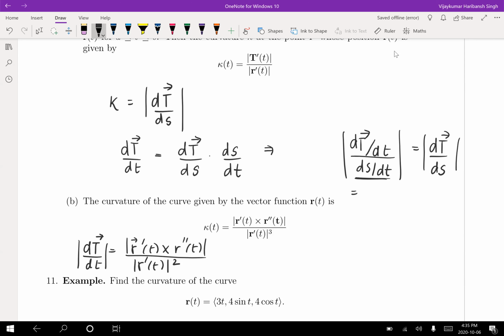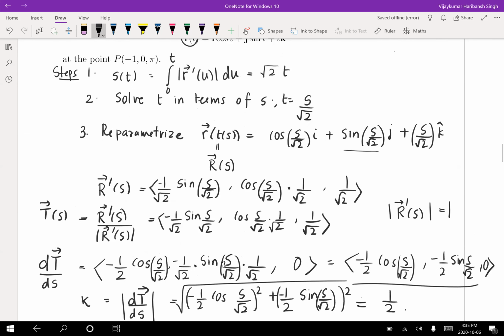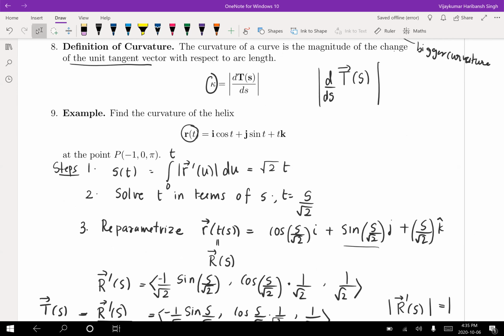Okay, so these are the ways we can compute the curvature. There are three methods to compute it. One is, if you're given a helix or any parametric curve, you reparameterize it based on the arc length, and write your tangent vector T as a function of the arc length, and then you go by definition.